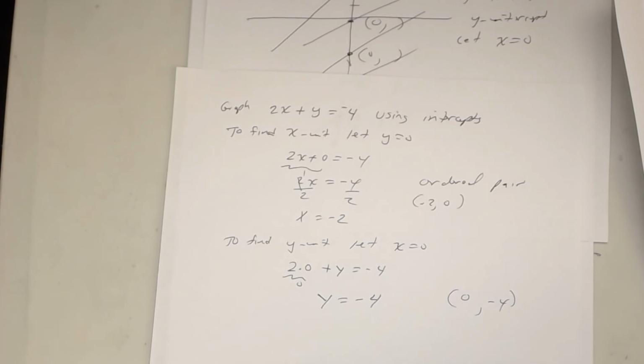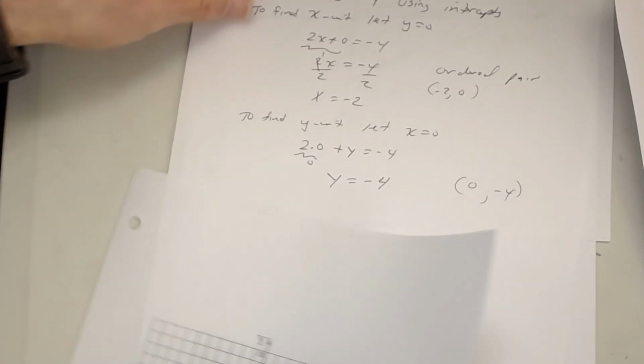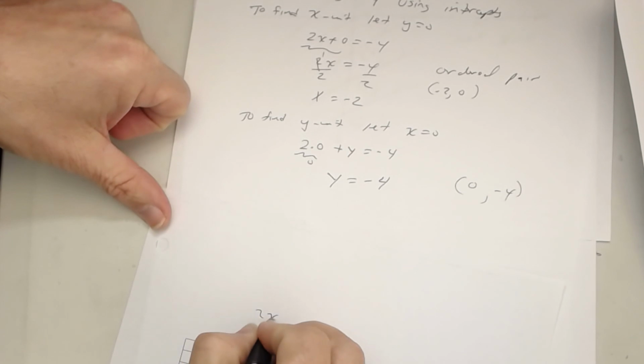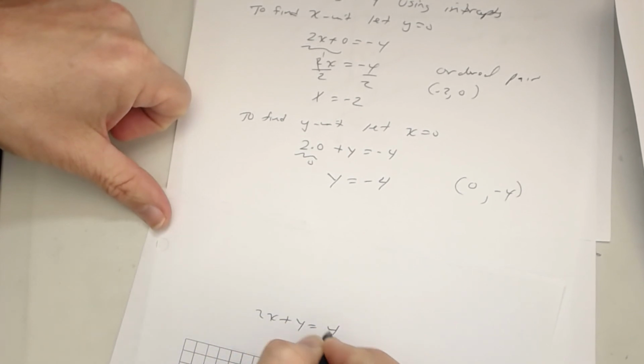So for this one, this is 2x plus y equals -4. Let's plot the x-intercept. The x-intercept is -2, 0. So I start at the origin, and -2 tells me to go where? To the left, -2. 0 tells me to do what?